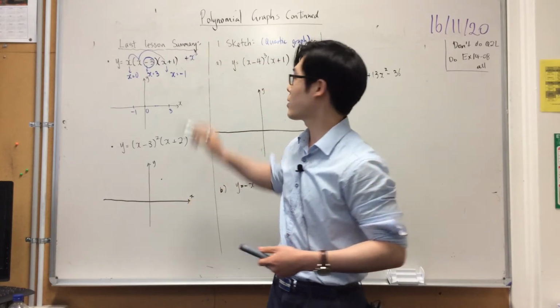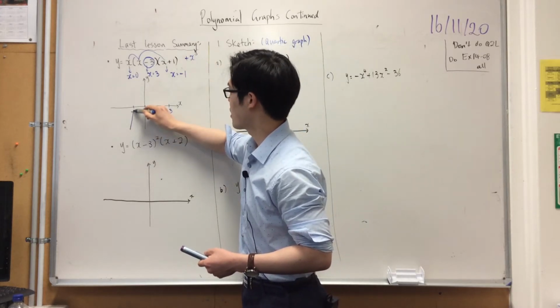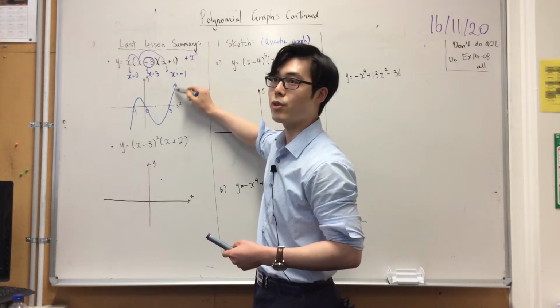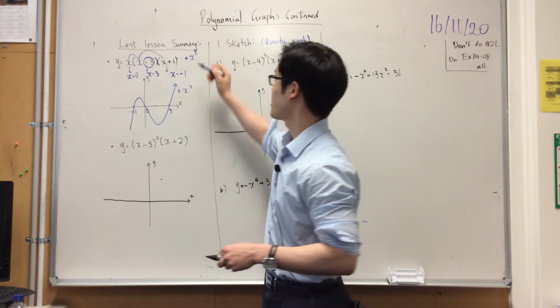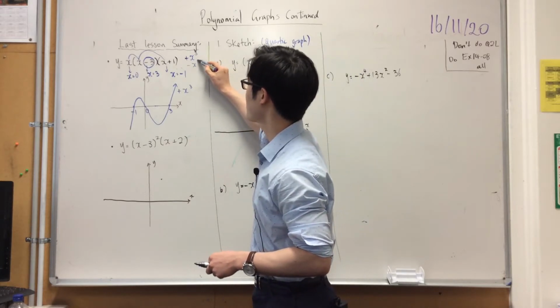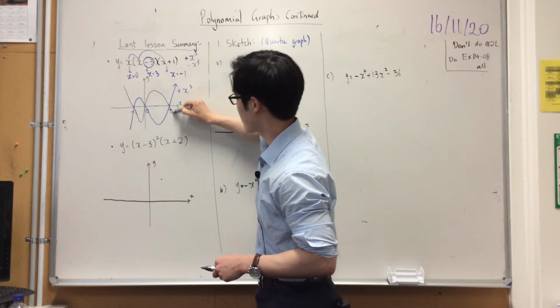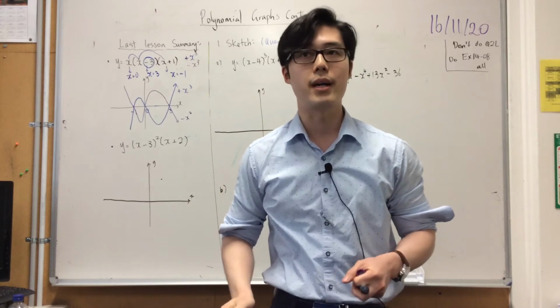Keep that in mind, because if you have a positive sign, the graph has to look this way. It's got to end with the tail of the graph increasing. That means positive x cubed. Whereas if the graph had negative x cubed, it would look this way, where the tail is going down. So that's the difference between plus and minus x cubed.